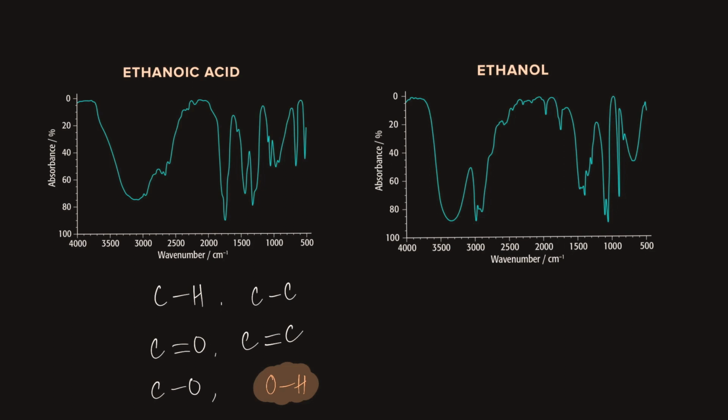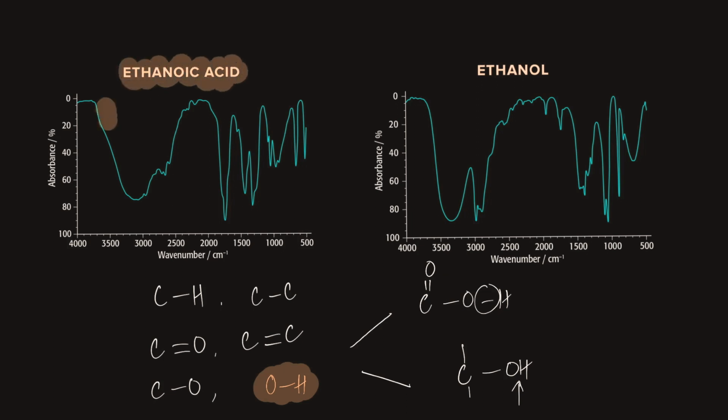Now the OH bond can show up in two cases: when you have a carboxylic acid with an OH bond right here, or you could have it as an alcohol. What kind of alcohol, primary, secondary, tertiary, doesn't matter as long as it's an alcohol. For the acid, you'll have a very characteristic broad peak, and so for the alcohol.